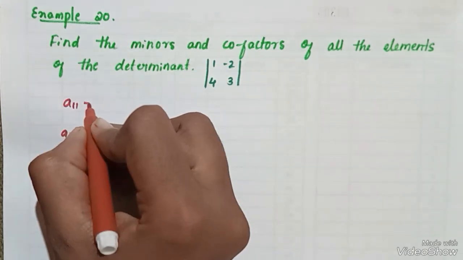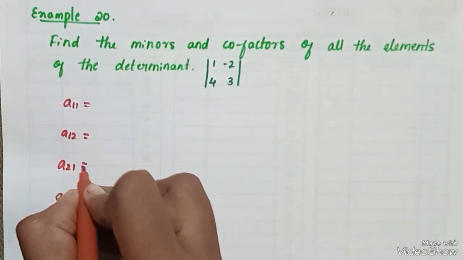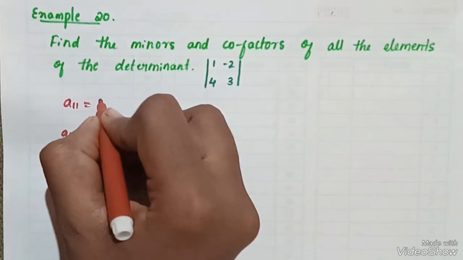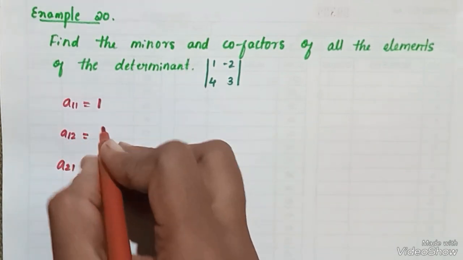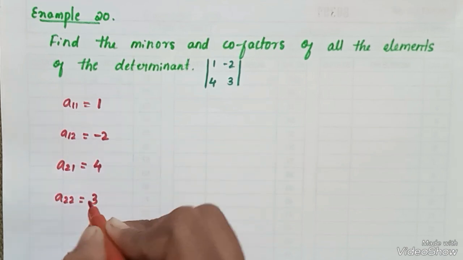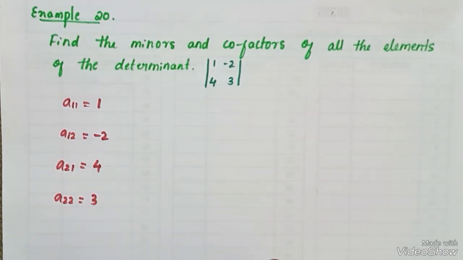The elements of the given determinant are 1, minus 2, 4 and 3.